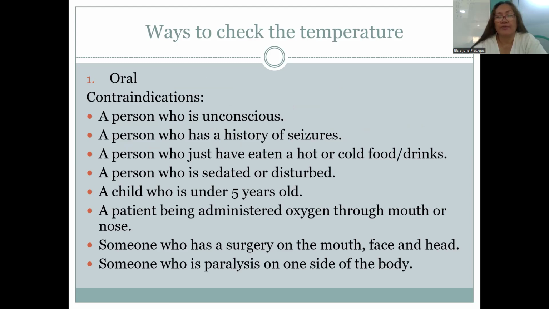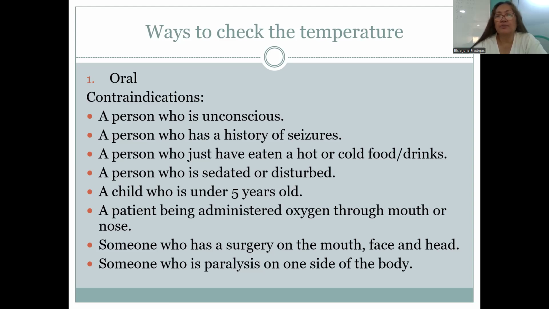this by mouth. But there are contraindications when you are taking body temperature through the mouth. First, a person who is unconscious, a person who has history of seizures, a person who have just eaten hot and cold drinks, a person who is sedated or disturbed, and a child who is under 5 years old.